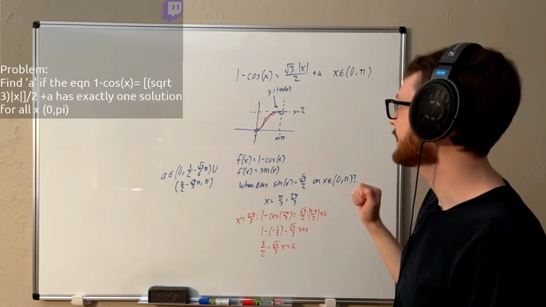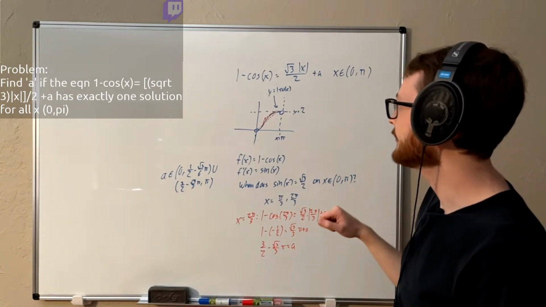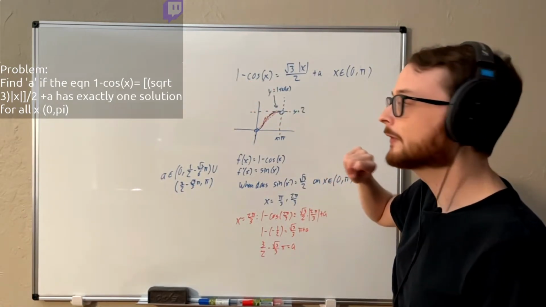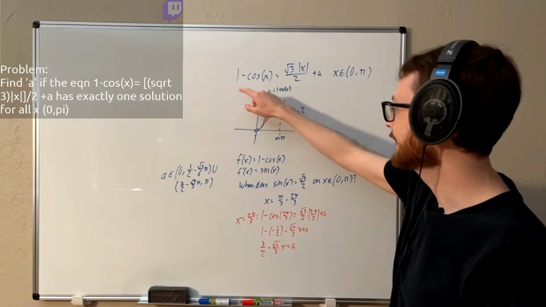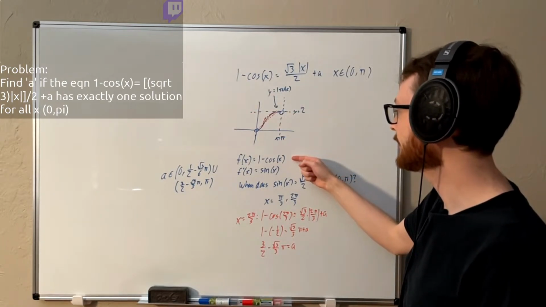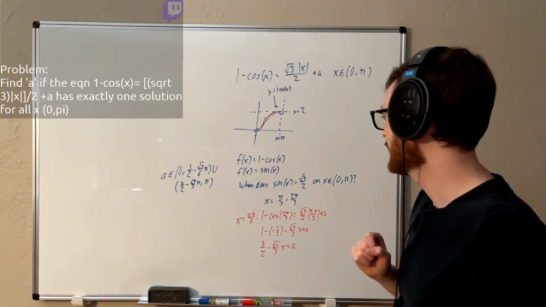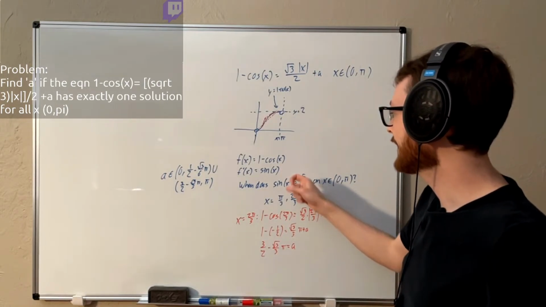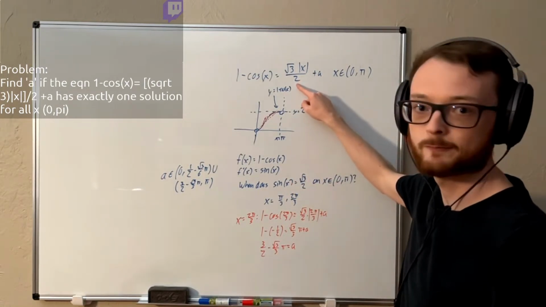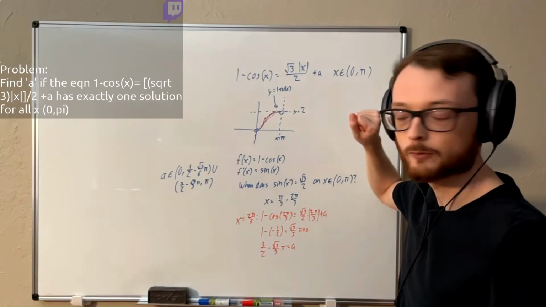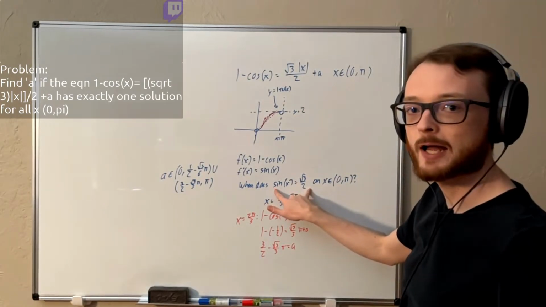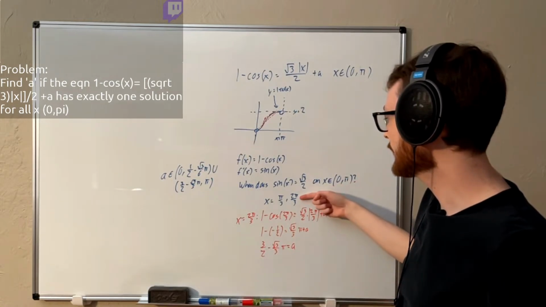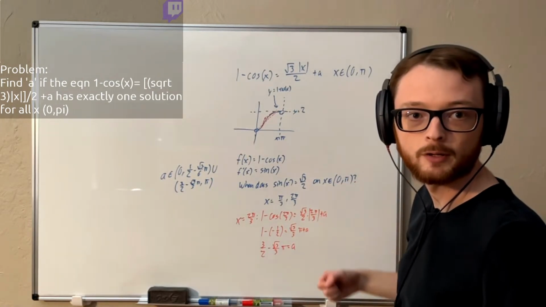And something that is relatively easy to find are tangent lines because we know calculus. So I found the derivative of the left-hand side, 1 minus cosine x becomes sine of x. And then because this is the slope of the tangent line, sine of x, I equated it to the slope of the linear function on the right-hand side, root 3 over 2. So I solved this equation for x, where x is between 0 and pi. There's two solutions here, pi over 3 and 2 pi over 3.